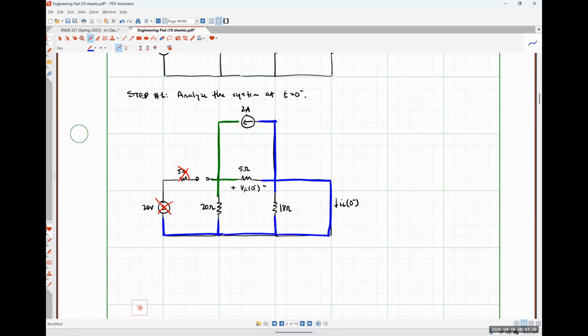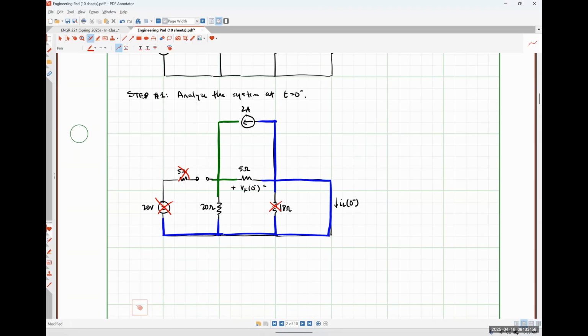And then I've got this node down here. I hope everybody remembers that whenever an element is touching the same node on both sides, like the 18 ohm resistor here, it is shorted out and we could ignore it. So essentially what we have is a 2 amp current source in parallel with a 5 ohm resistor in parallel with the 20 ohm resistor.